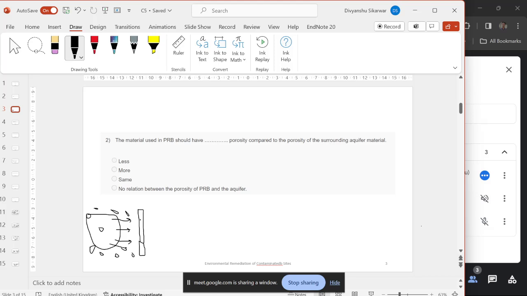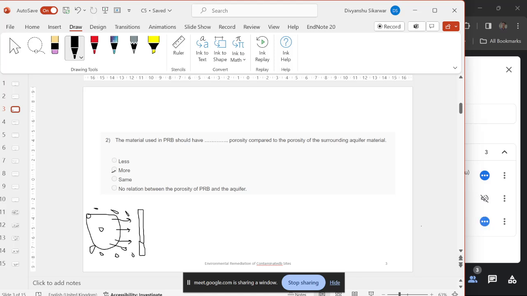No, less porous means less water will pass. We want more water to pass through the PRB. So the material used in PRB must have more porosity, more porous, right?